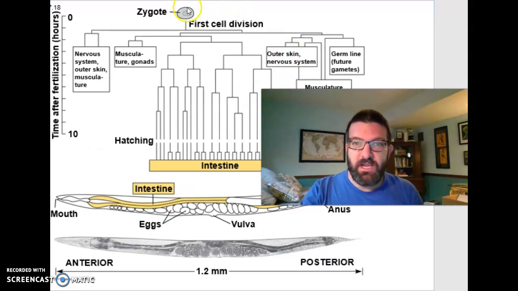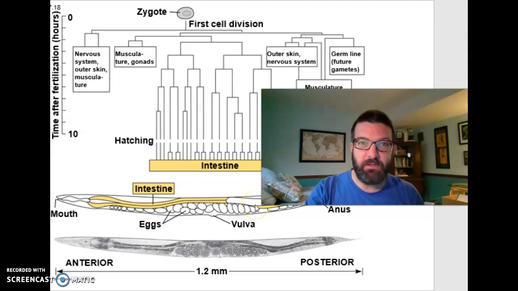So you start with the zygote and the first cell division, and again, scientists have fate mapped cells to go to each system, right, including the intestines. It's remarkable. And the other nice thing about C. elegans, this is one of the first organisms that had its genome sequenced. And so now scientists are looking at the genes that affect this differentiation.